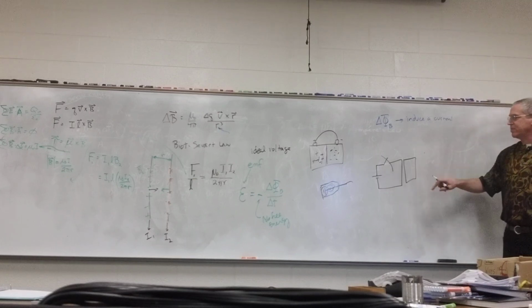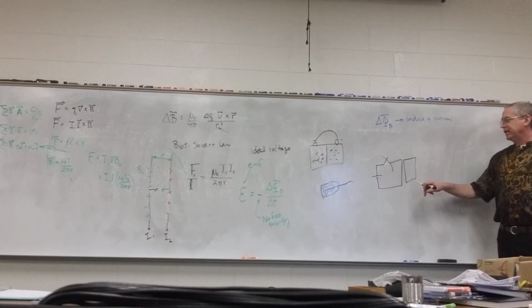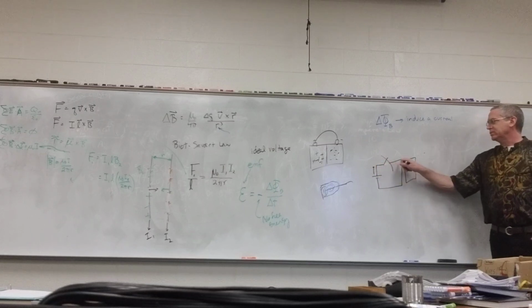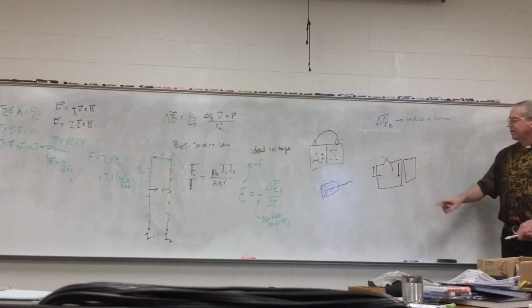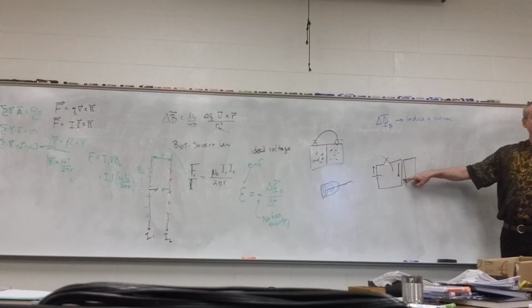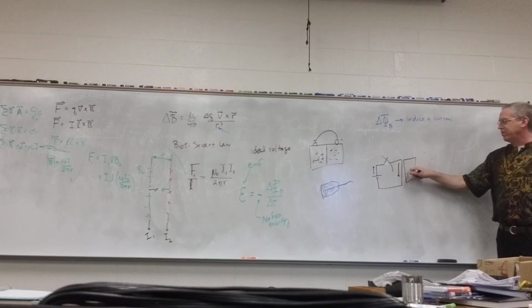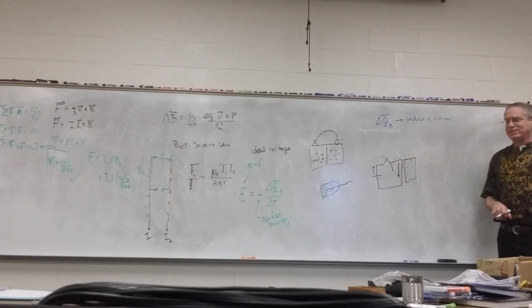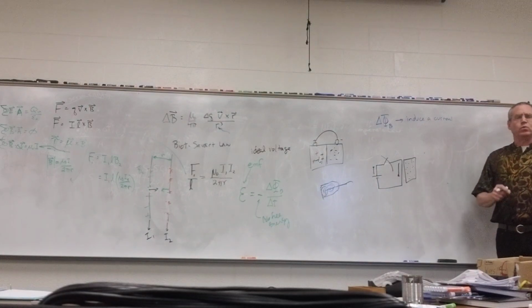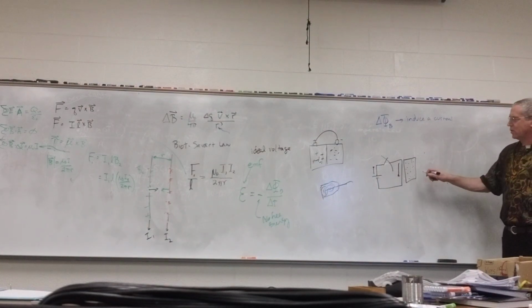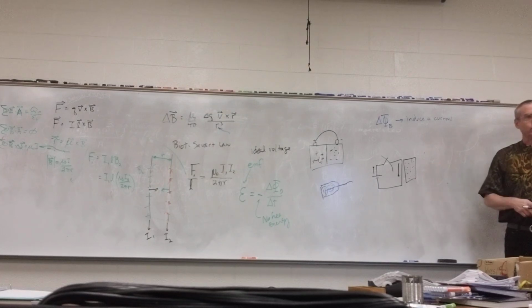The current flows this way and then down that way. The dominant magnetic field is coming from this wire because it's the closest. Current's going down at that point, so the magnetic field is coming out of the page here. We've established that it's going to induce a current, but the question is, which way will the current be induced? Is the current going to go clockwise or counterclockwise in the second wire?